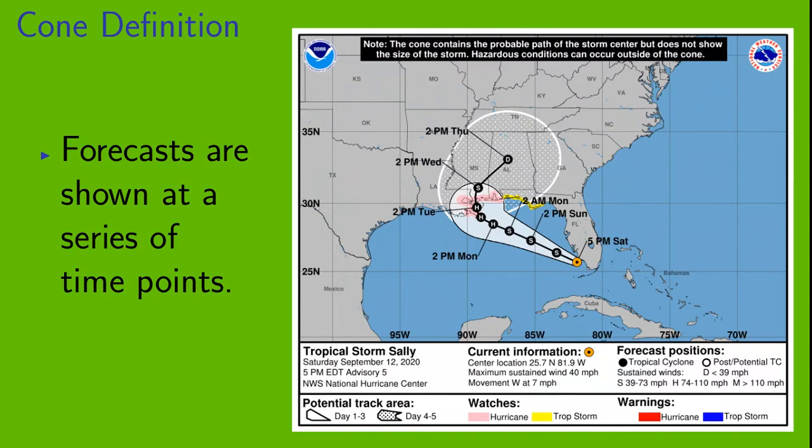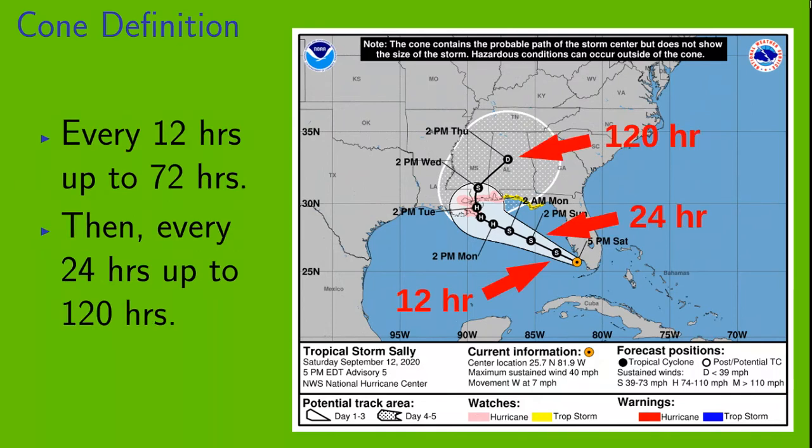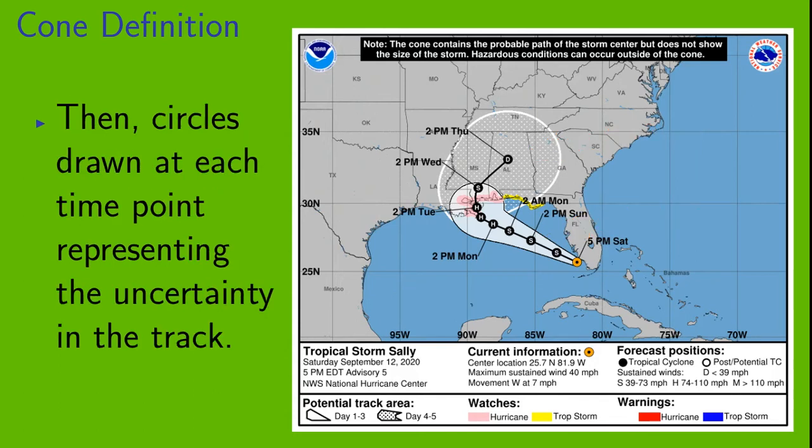Okay, so the forecasts are shown as a series of time points. So these time points are spaced every 12 hours up to 72 hours, and then after that, every 24 hours up to 120 hours. Then circles are drawn at each time point representing the uncertainty in the track at that point.